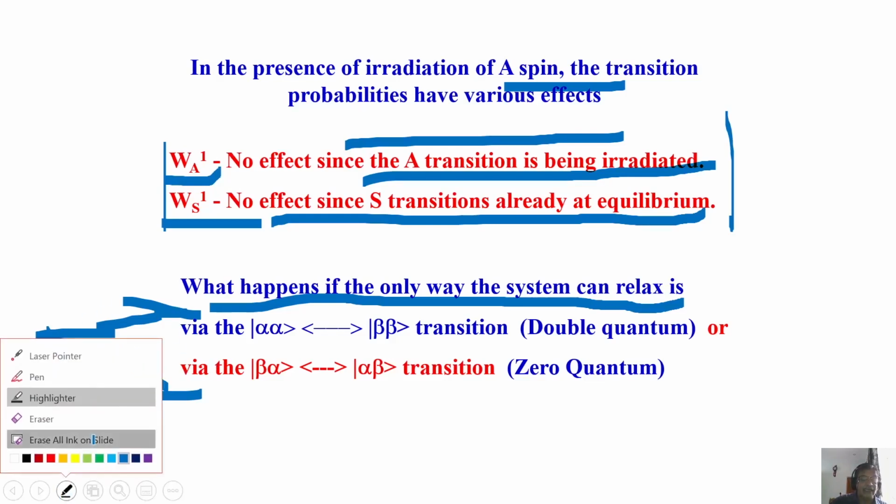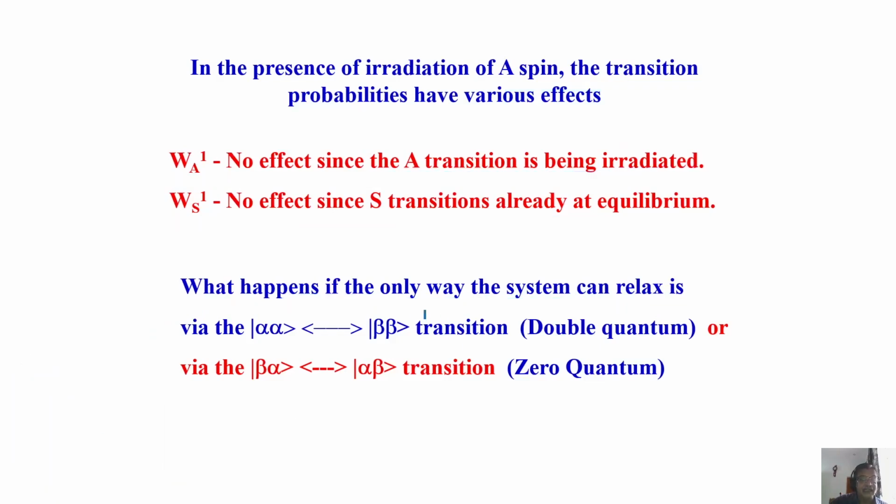But on the other hand, now let us see what happens if the only possible way for the spins to relax is either this or this. Of course, this is also possible. There are all competitive processes. I'm not excluding any of them.